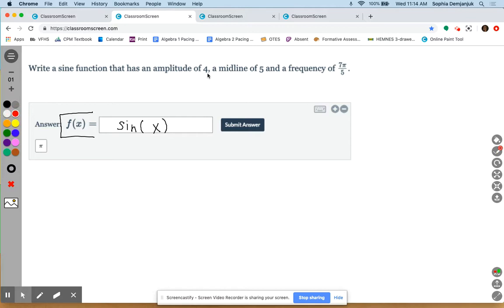An amplitude of 4 tells me that I put 4 right in front of sine. A midline of 5 means that I add 5 on the end. And then it gave me the frequency, so I don't have to do any work for it. Whenever you see that it gave you the frequency, you can automatically do 7 pi over 5 right in front of your x inside the parentheses.